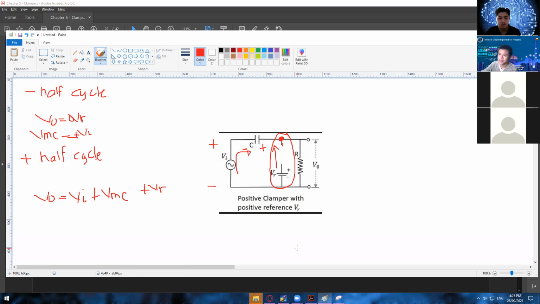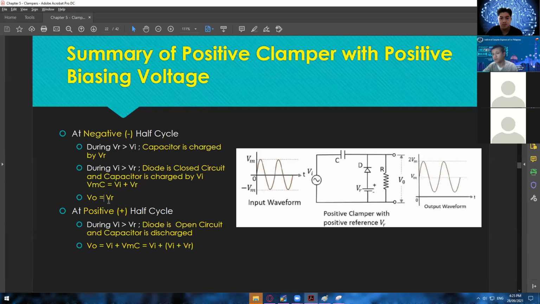So my bad on that one. VO on the negative half cycle is not 0, but is equal to our reference voltage. And then for the VO of the positive half cycle, we have VI plus VMC, wherein VMC is equal to VI plus VR.